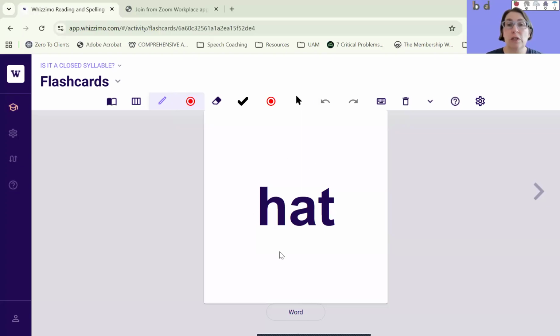So let's take a look at some words together and see if we can figure out which ones are closed syllables and which ones are not. So let me get some words up here on the screen. And we're going to start with this one here. So we're looking at this syllable and we're going to count the vowels. And I see an A right here in the middle. I don't see any other vowels. So that tells me, okay, this might be a closed syllable.